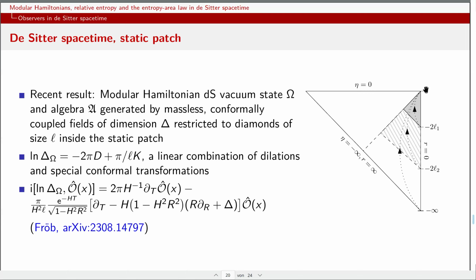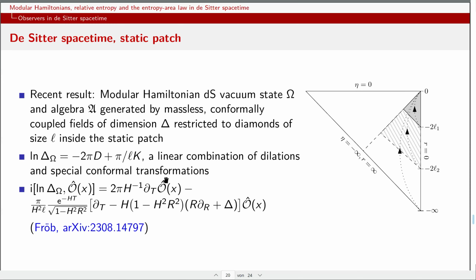And what I looked at were small diamonds, like this gray one or the shaded gray ones of size L inside the static patch. In this case, because it's a conformally coupled theory, the modular Hamiltonian is a linear combination of dilations and special conformal transformations. If you look at how it acts on the fields, there are two terms.